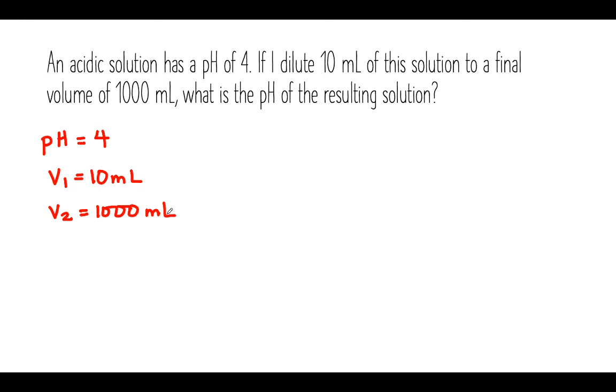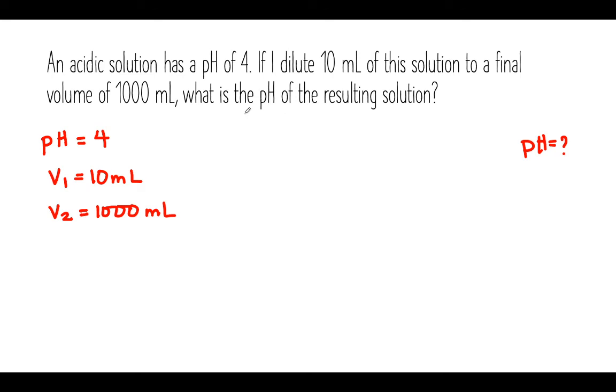And I need to find the pH of the resulting solution. So since this is a dilution question, I need to figure out the concentrations. I don't have the initial concentration, but I do have the pH value. So how can I find the initial concentration using pH?